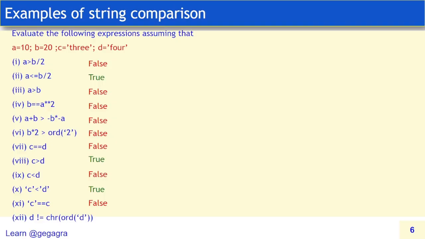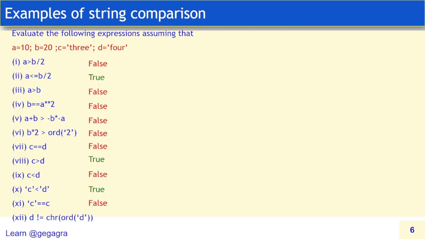Now D is not equal to ordinal of D. So ordinal of D is what? 97 is A, 98 is B, 99 is C, and 100 is D. So ordinal of D is 100, and character of 100 is small d. Let me check once again.